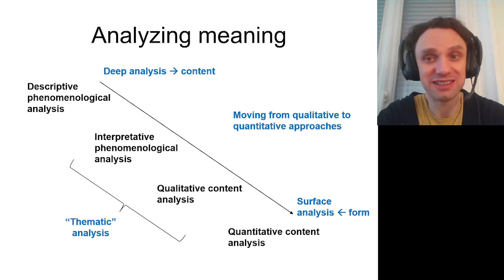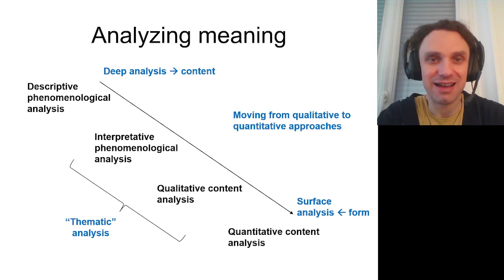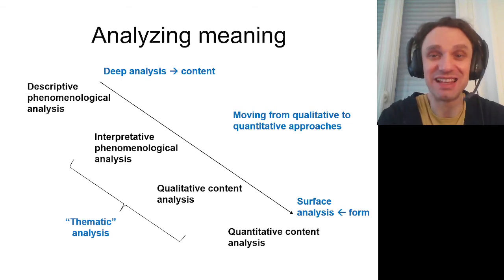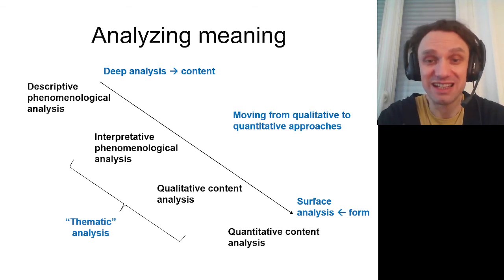But there is a difference between these methods in how deep they go in this analysis. And we can arrange them in a sequence from the deepest analysis on the left, which is descriptive phenomenological analysis, to quantitative content analysis on the right, which is very much a surface analysis. It mainly deals with form.